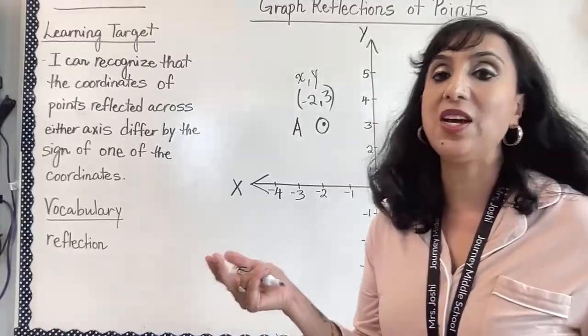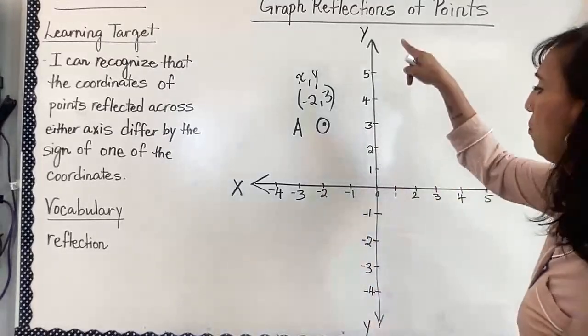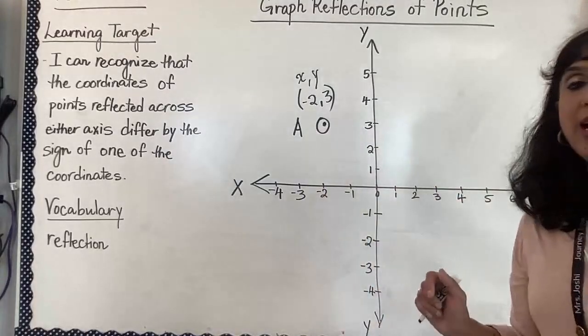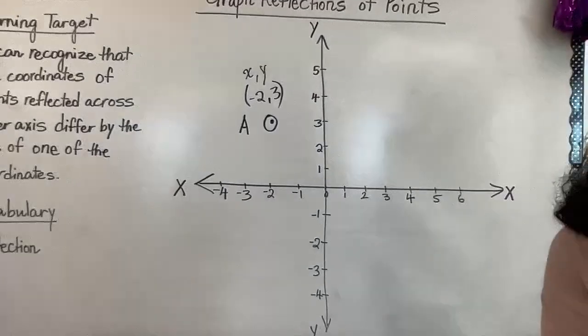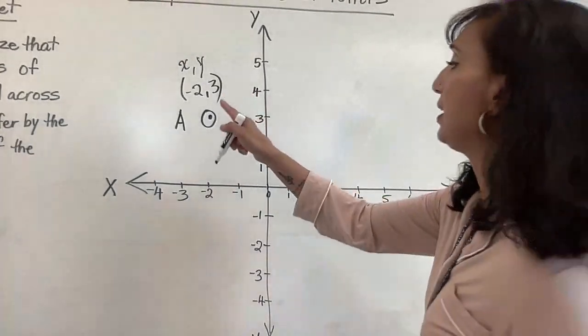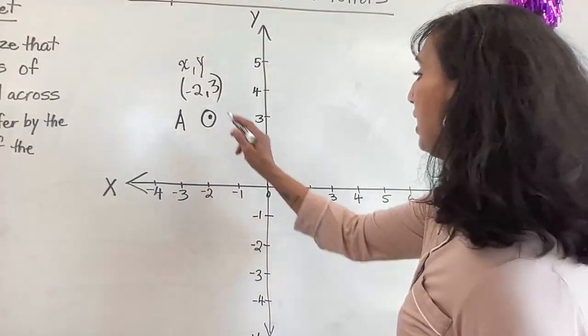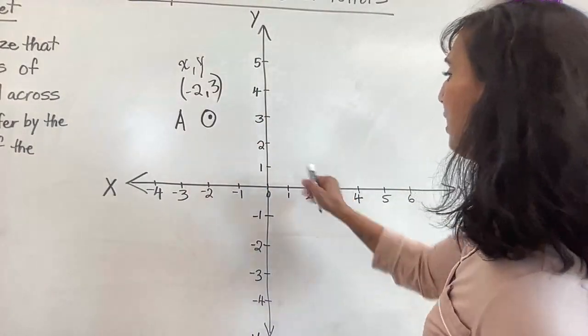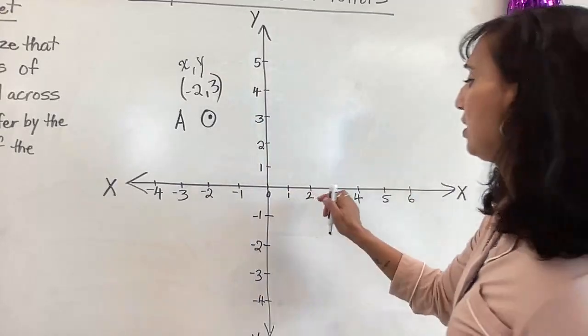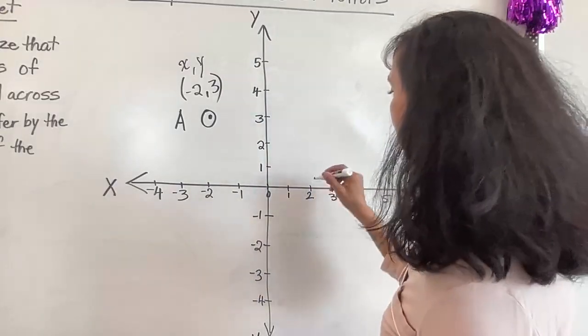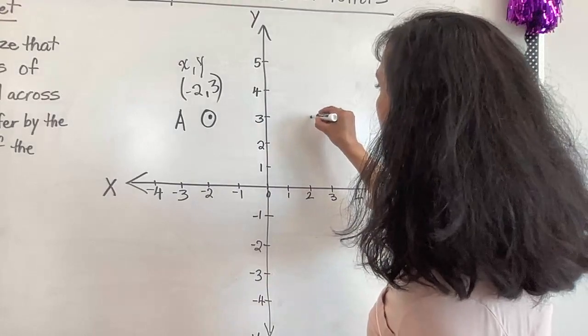So if I'm reflecting on the y-axis, look, this is the y, right? I am going to take this and it's going to be the same distance but on the other side of the y-axis. So it's going to be 2 and we go up here, which is 3.